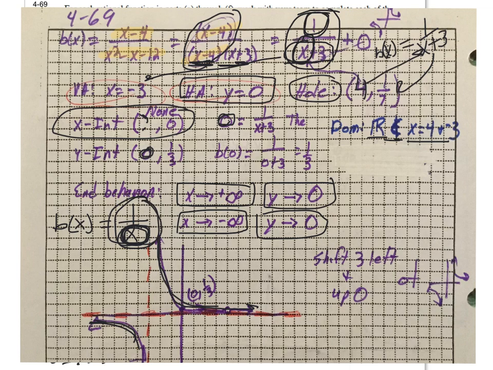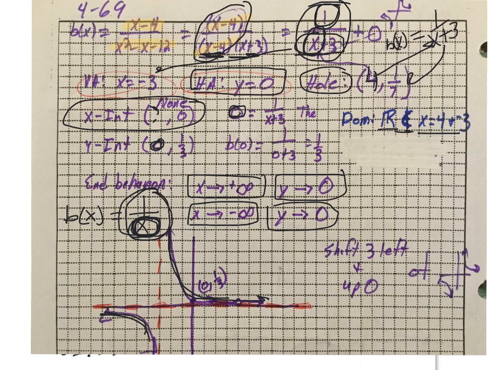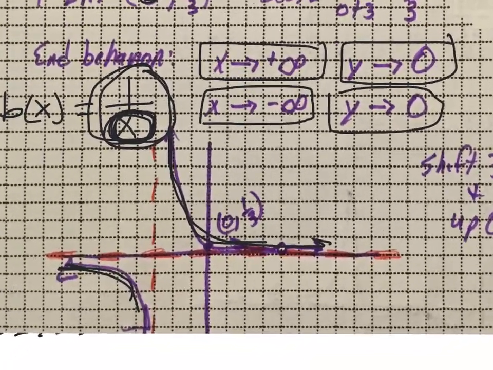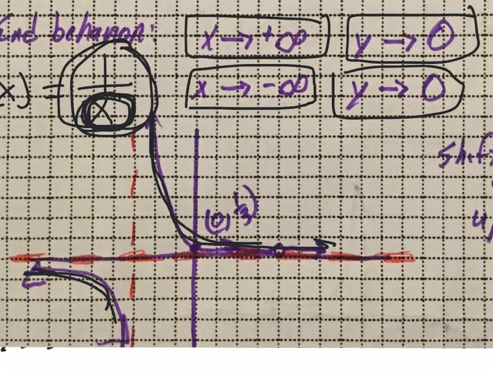So my overall graph, if I was to try to sketch this using the information up above: I have a y-intercept of (0, 1/3). I have a hole at (4, 1/7), which I'm going to have to be a little bit more cognizant of in the future when drawing. So I've got this hole right here at (4, 1/7).